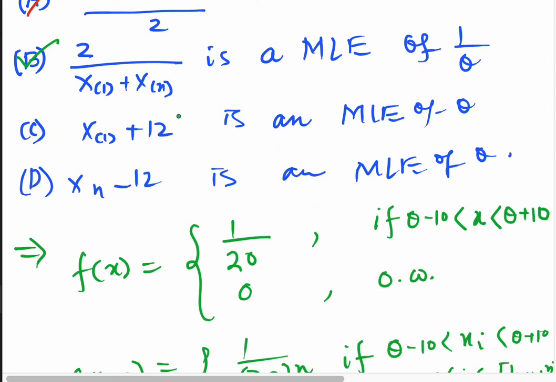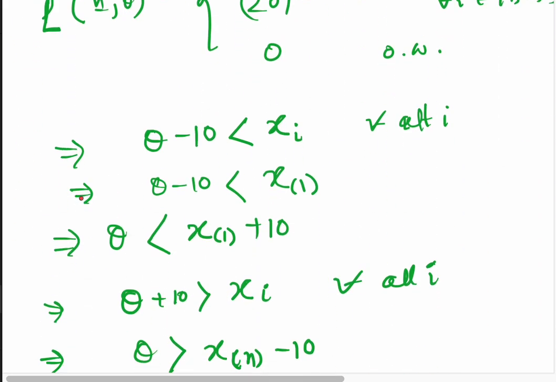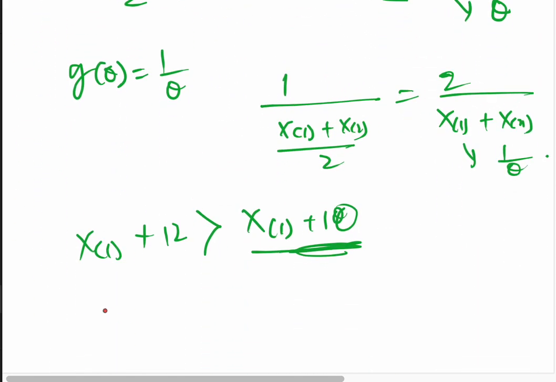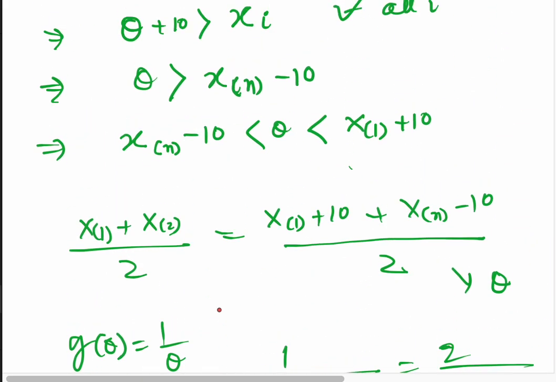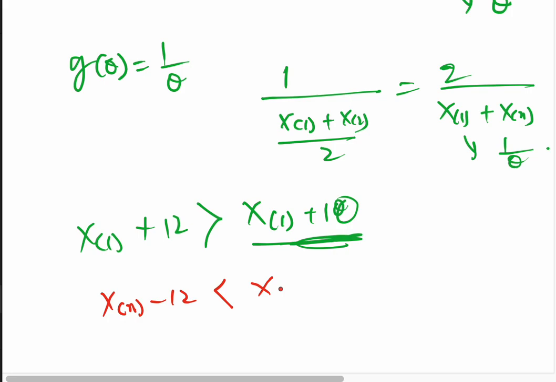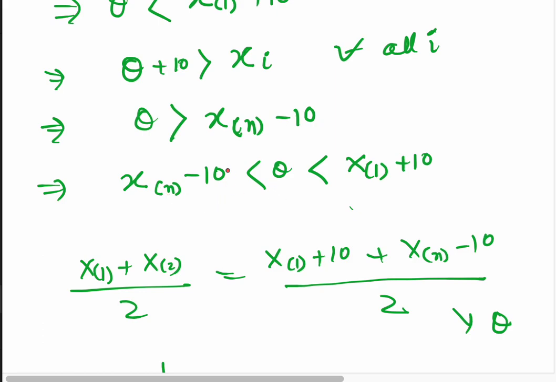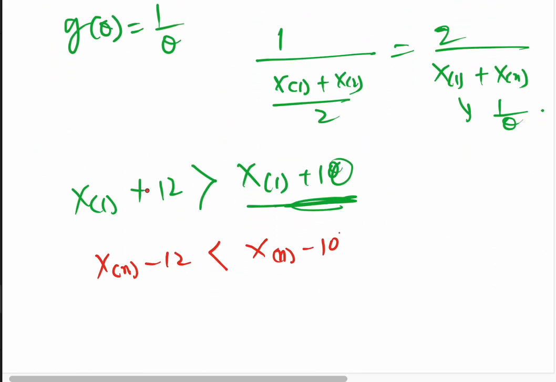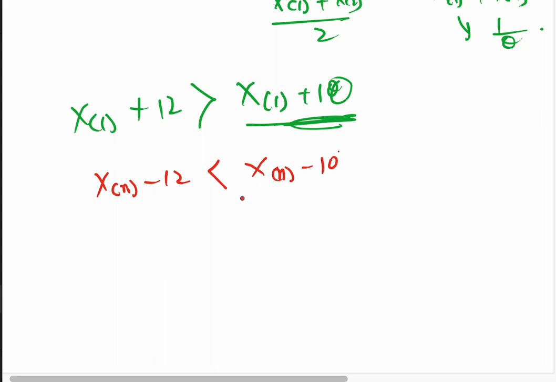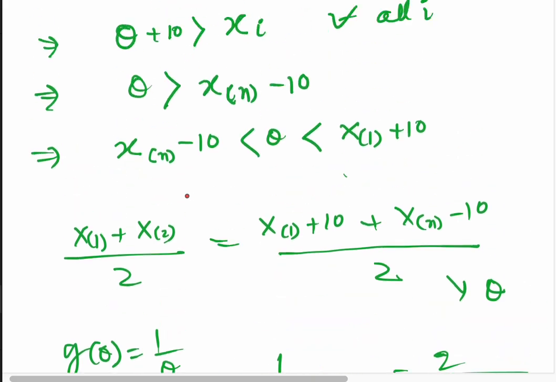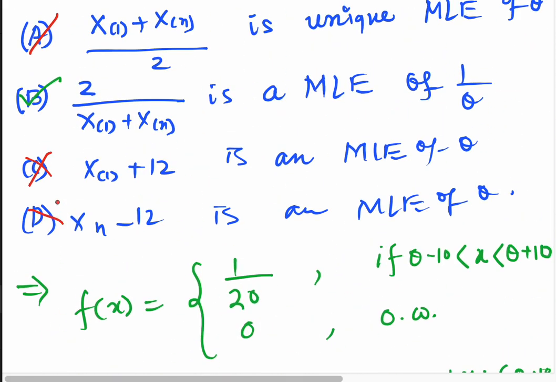That means x1 plus 12 cannot be an MLE. And D also similarly: xn minus 12 is less than xn minus 10, but to be an estimator of theta it has to be greater than xn minus 10. So xn minus 12 cannot be an estimator, so this is also not true.